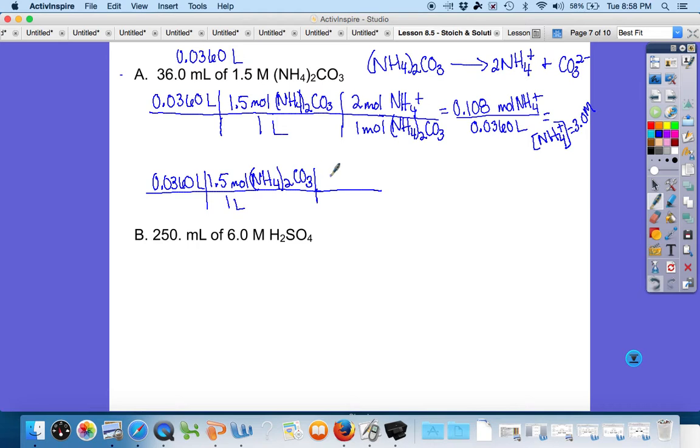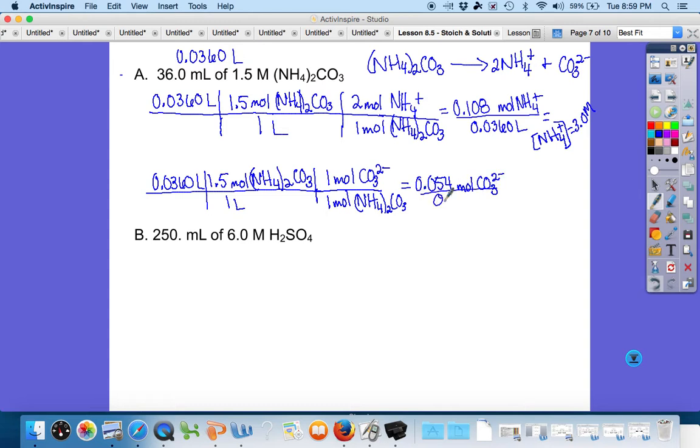We have 1 mole of our carbonate ions per 1 mole of our compound. So 0.036 times 1.5 should give us 0.054 moles of our carbonate ions.